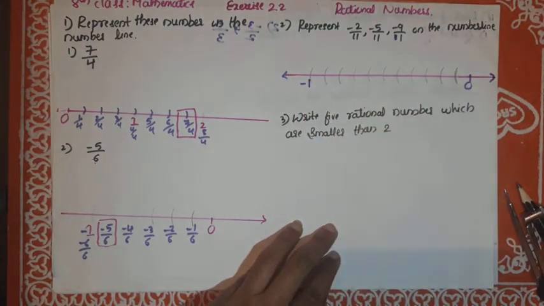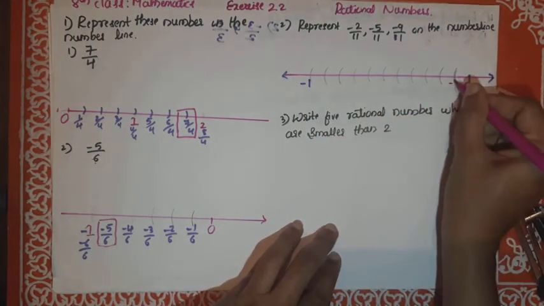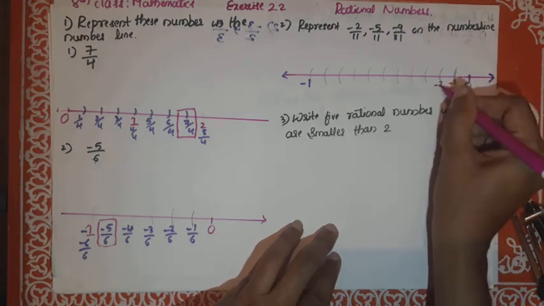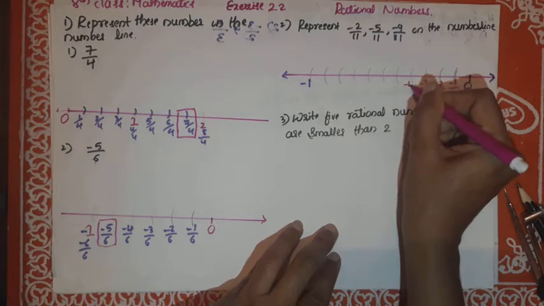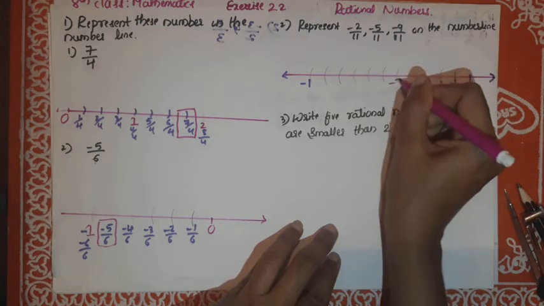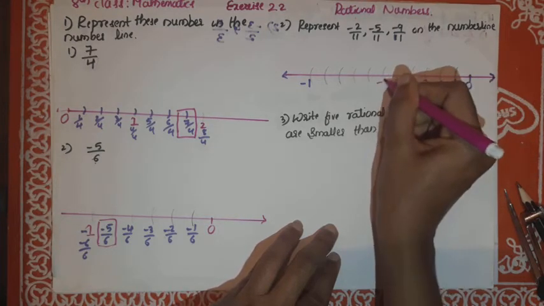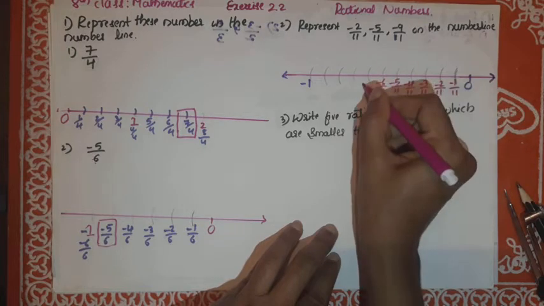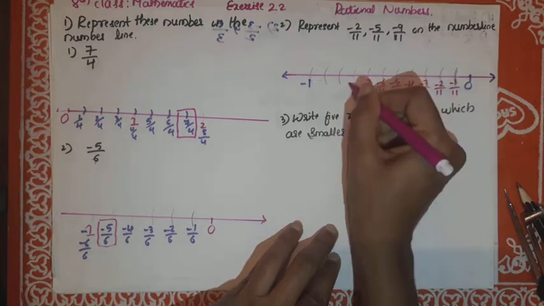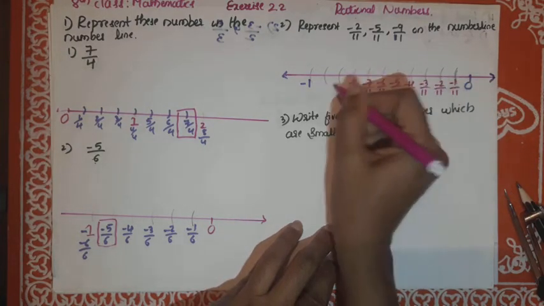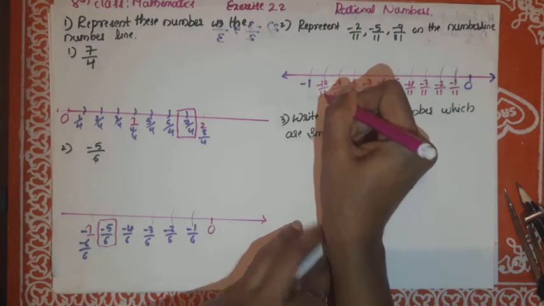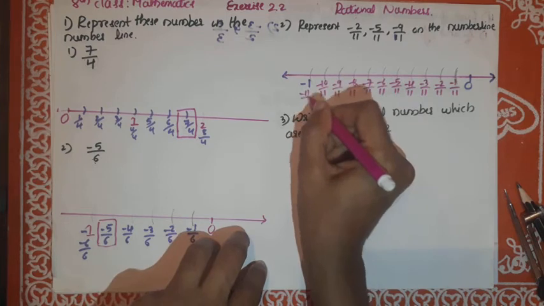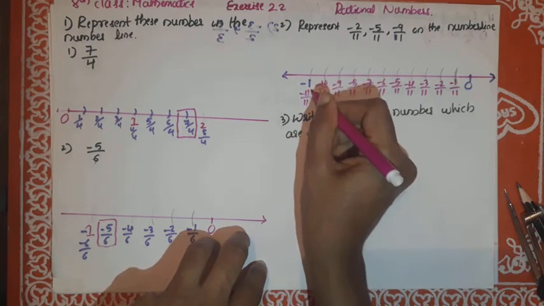The first part is minus 1 by 11, minus 2 by 11, minus 3 by 11, minus 4 by 11. This is minus 5 by 11, minus 6 by 11, minus 7 by 11. The eighth part is minus 8 by 11, minus 9 by 11, minus 10 by 11. The last part is minus 11 by 11. Minus 11 by 11 is minus 1.